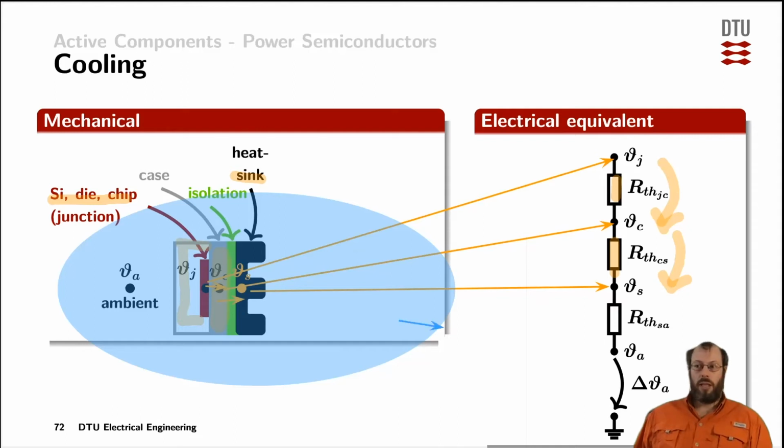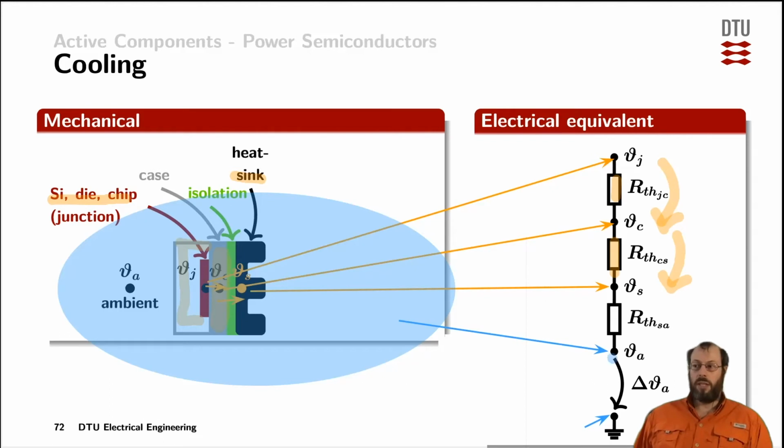That ambient temperature is the starting point of our electrical potential and has an offset above absolute zero, which could be either 0 Kelvin or 0 degrees Celsius, depending on how you define it.